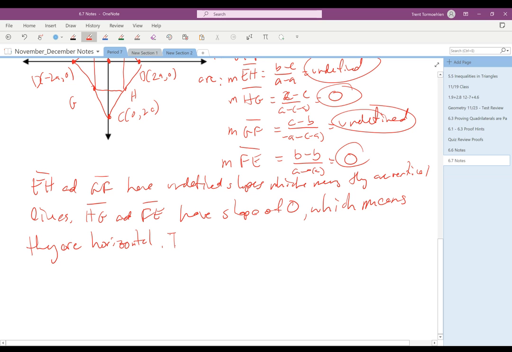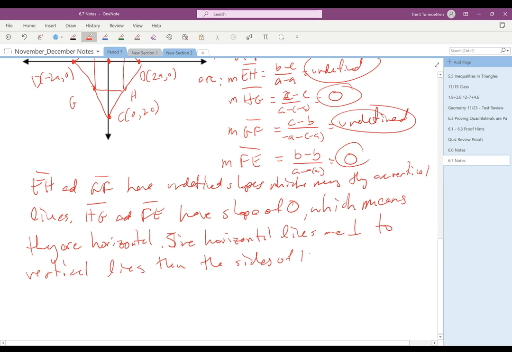Thus, since horizontal lines are perpendicular to vertical lines, then the sides of E, F, G, H meet at right angles, showing it is a rectangle.